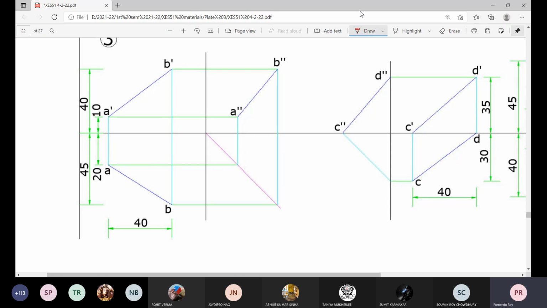AB is the straight line where point A is given in the form of this information: 20 millimeter in front of vertical plane and 10 millimeter above horizontal plane. Am I right? So at a location 20 millimeter below GL and 10 millimeter above GL, locate the plan and elevation of the point A.